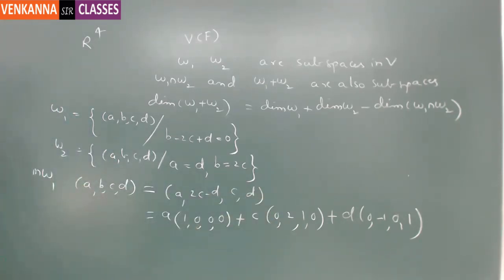Now the three vectors (1, 0, 0, 0), (0, 2, 1, 0) and (0, minus 1, 0, 1) together constitute a basis for W1. Since they are 3 in number, dimension of W1 is nothing but 3.